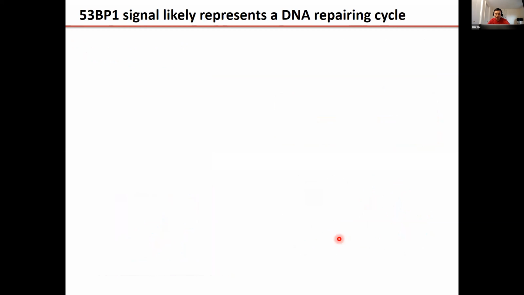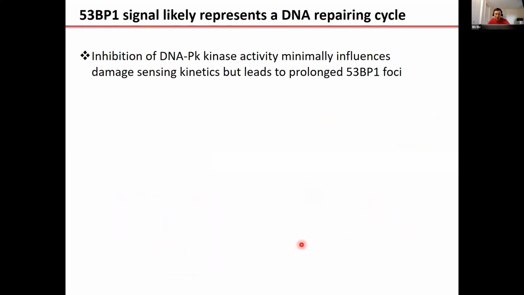So we have interpreted this 53BP1 cycle as the DNA repairing events. To demonstrate that this is likely the case, we treat the cell with DNA-PK inhibitor. DNA-PK is a kinase that is responsible for the final ligation event.